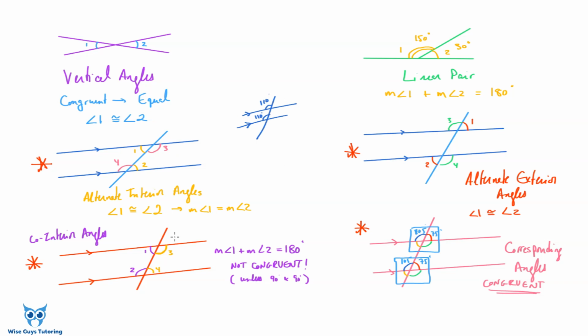If you have any one of these four conditions, the others will all be true and your lines will be parallel. So as long as you can show that one pair of these angles is congruent, or in this case supplementary, then we know for sure that all four conditions are true and these lines are parallel.